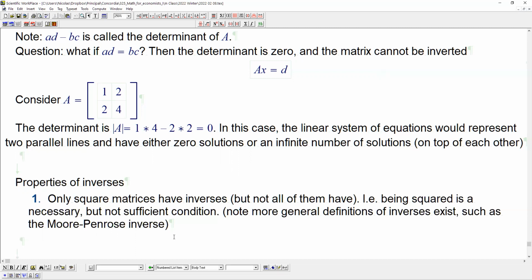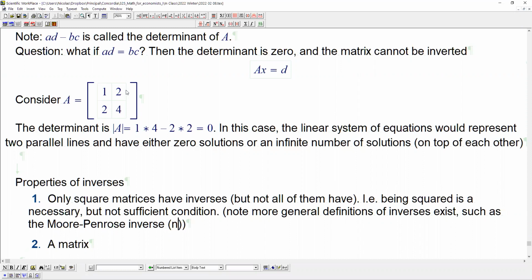So in cases where the determinant is zero or the matrix is not square, are you stuck? No, mathematicians have thought of other ways to still do what you want, for instance to multiply by the inverse of a matrix. But of course this is much more advanced. We don't care about it. It's just for your own culture.